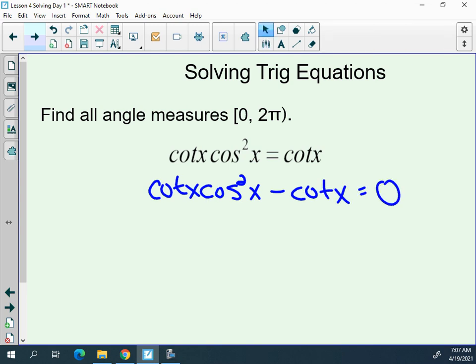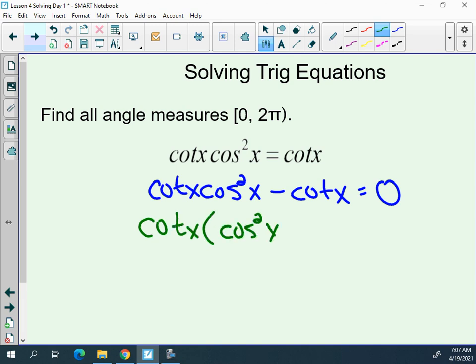And then I can factor out a cotangent x, and that leaves me with cosine squared x minus 1, equals 0. And then cosine squared x minus 1, you should recognize as one of our Pythagorean identities, right? It's actually equal to negative sine squared x.